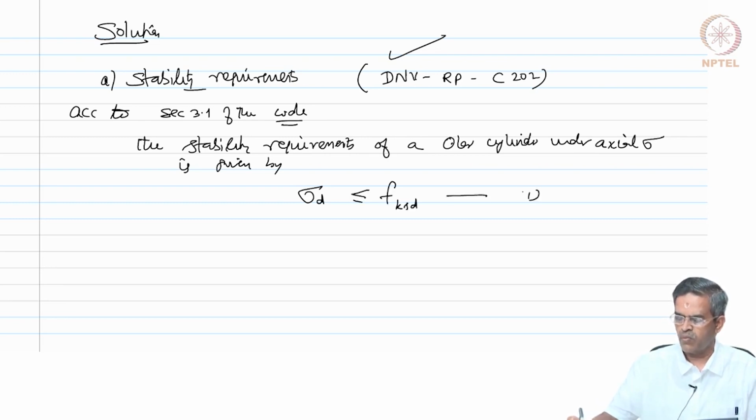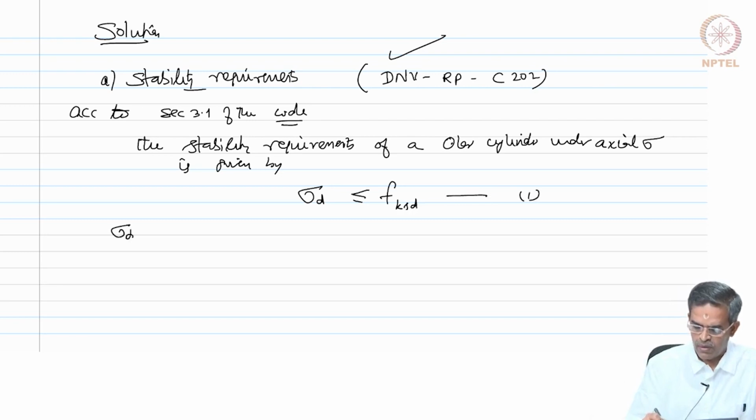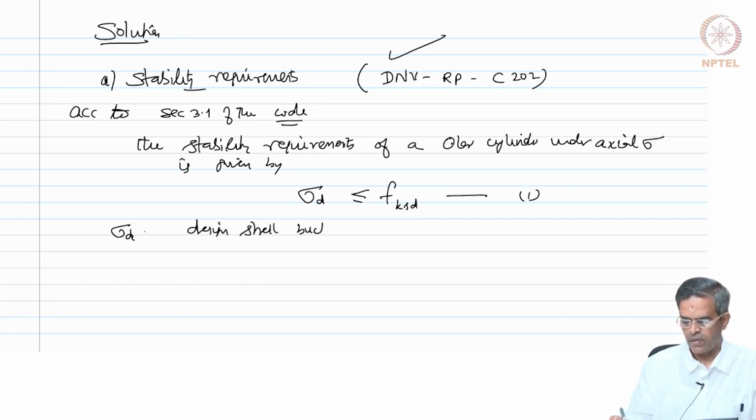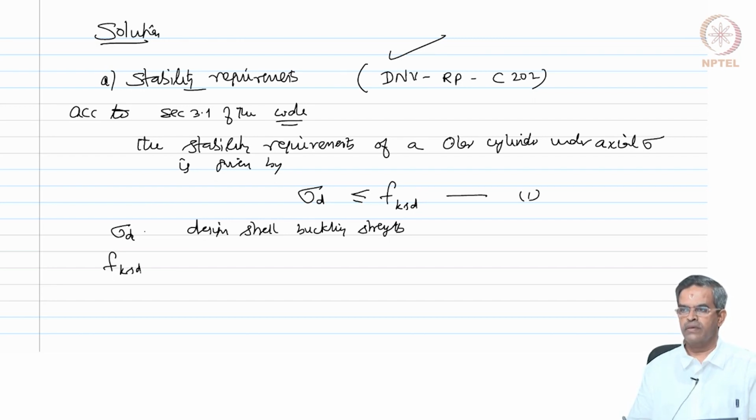We will call this equation number 1, where sigma d is known as design shell buckling strength, where f ksd is called characteristic buckling strength.